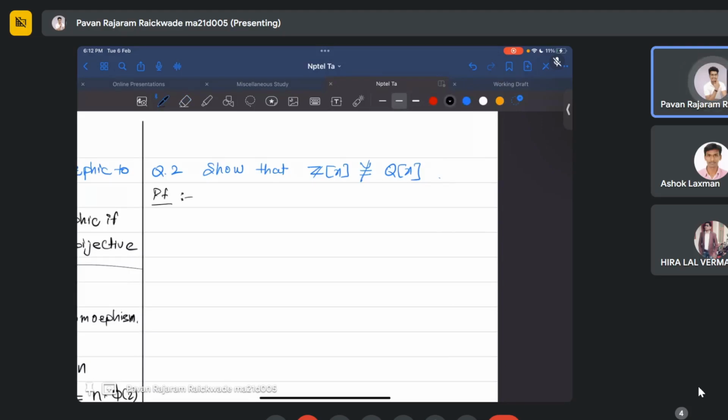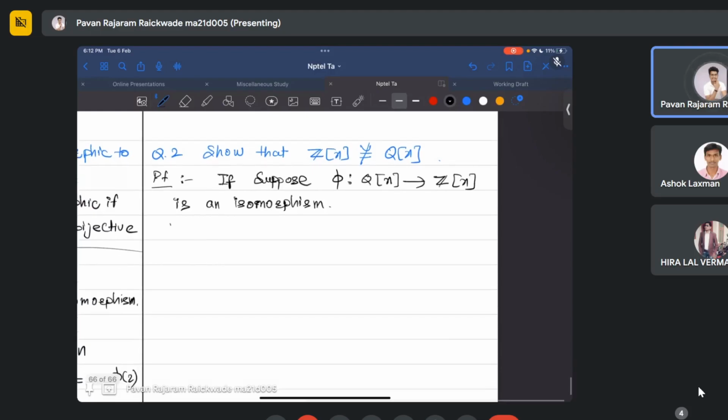If you remember, in the last session I explained that whenever you have R as a ring, the units in R[x] are the same as the units in R. So suppose phi from Q[x] to Z[x] is an isomorphism, then phi of u has to be a unit in Z[x] for every unit u in Q[x].